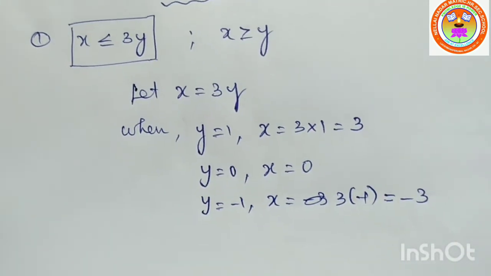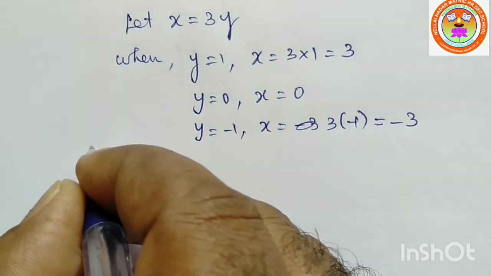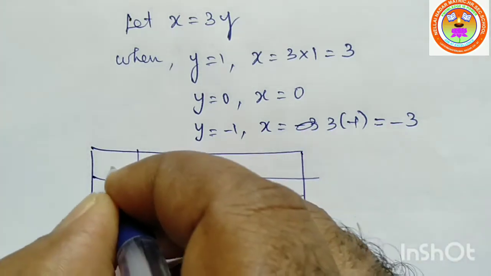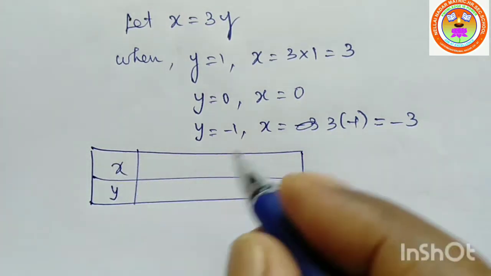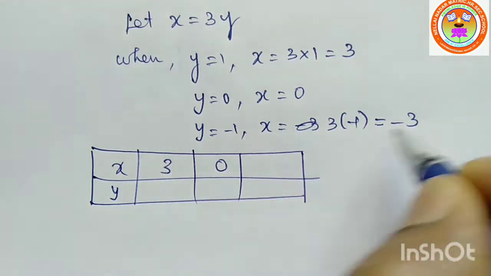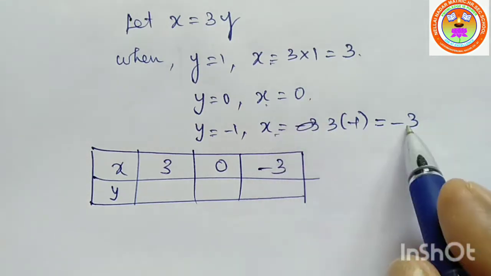So with these values, we can frame one tabular column, that is x values and y values. The x values are 3, 0 and minus 3.